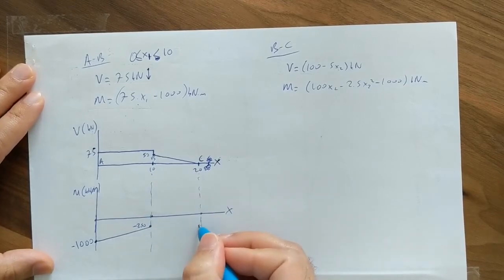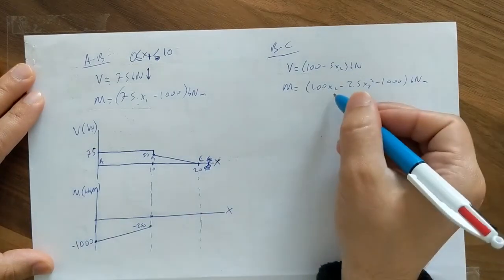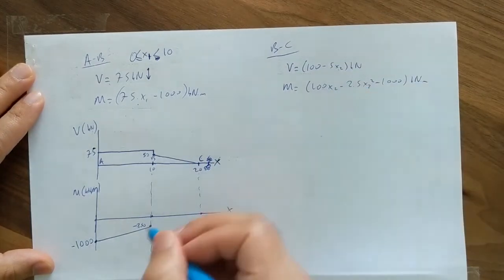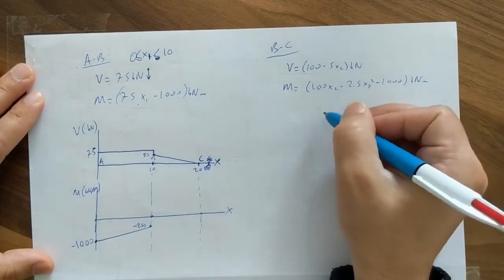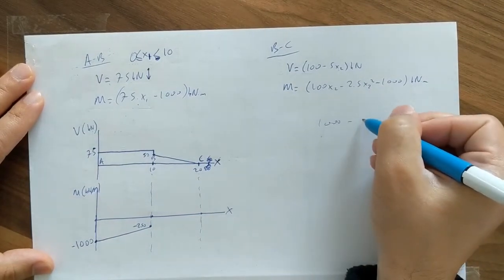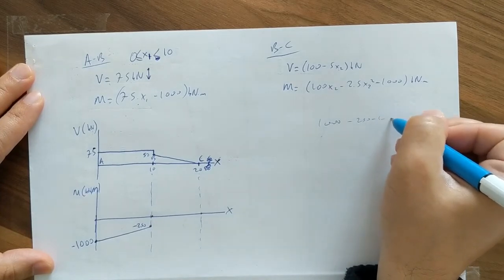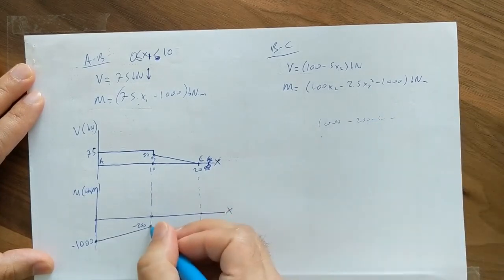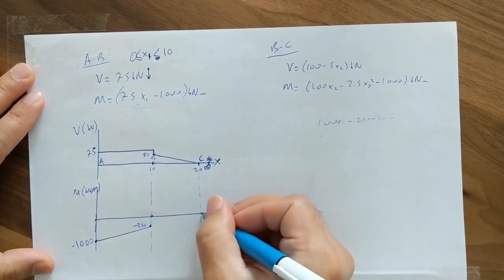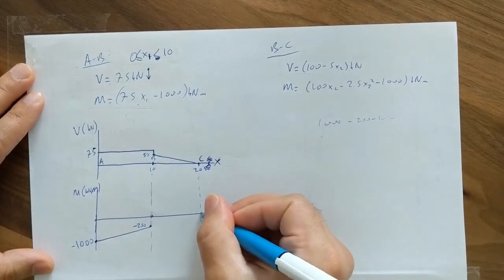And in this region, between B and C, I use this equation. When x2 is 10, at this point, it is 1000 minus 250 minus 1000. So it is minus 250, it is the same point. At this point, what will be the value?